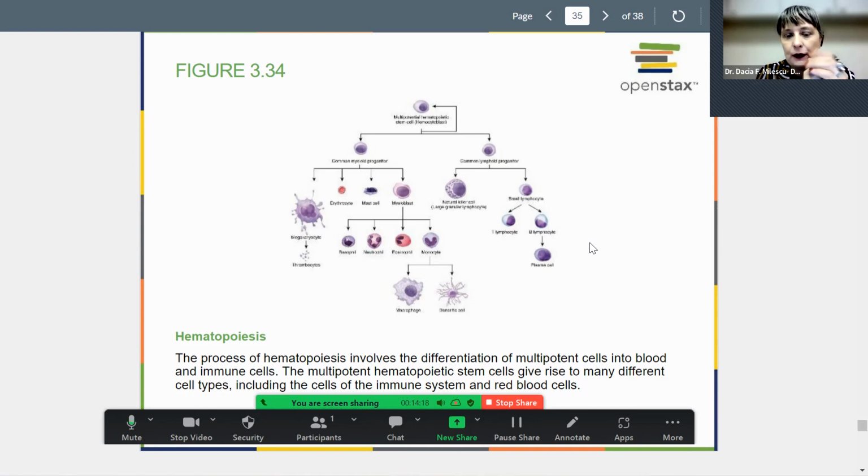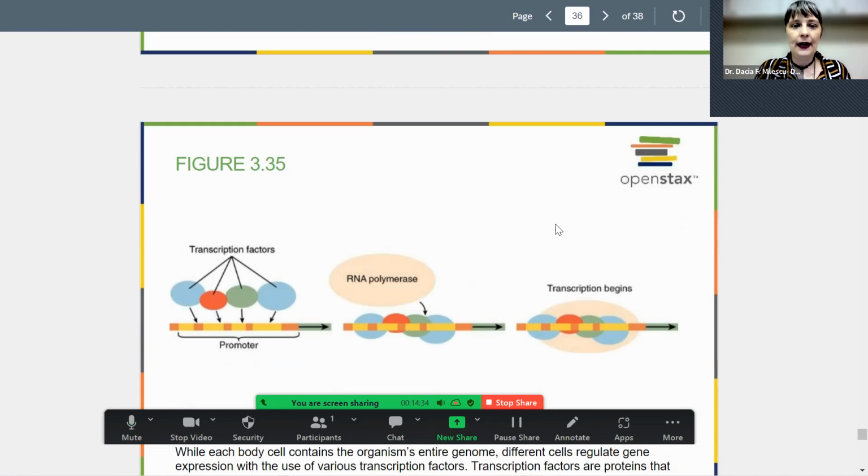And so that's very different. So just make sure you remember that the process of hematopoiesis involves the development of different types of blood cells arising out of the hematopoietic stem cells, very different than the cell cycle.